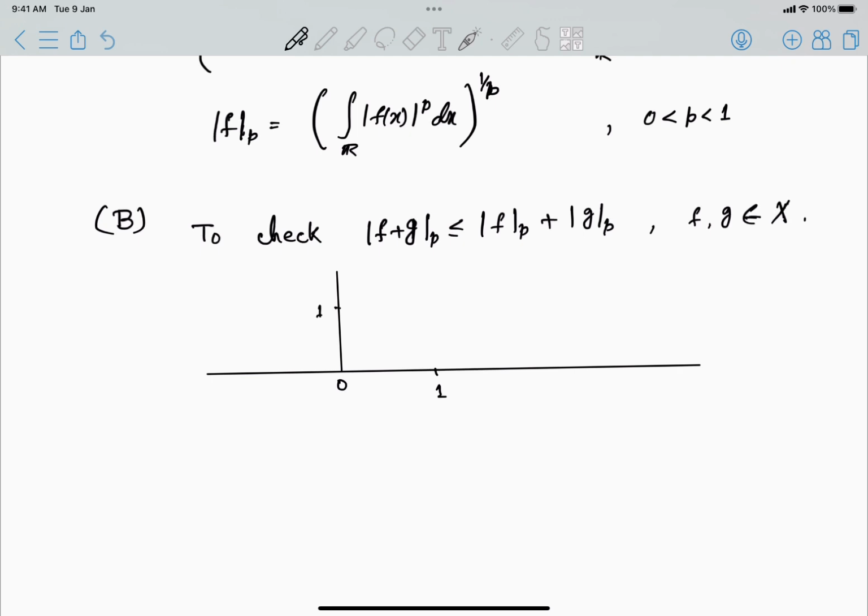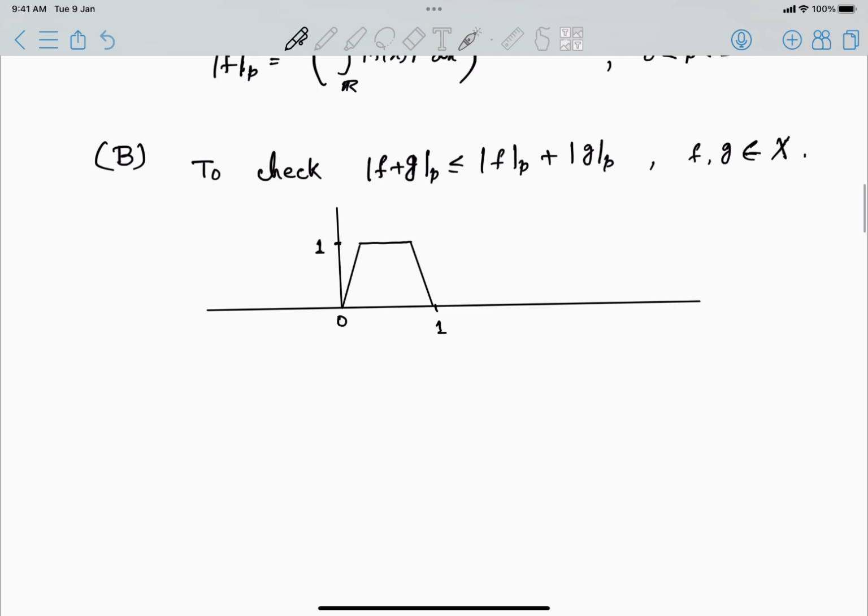So take a function like this. We are not exactly taking the characteristic function; we make it continuous. The characteristic function would be 1 on 0 to 1 only, but this is not continuous, so we make this little modification. This will be our f, and otherwise it is 0, so it is supported only in [0,1]. Later I will take another function.